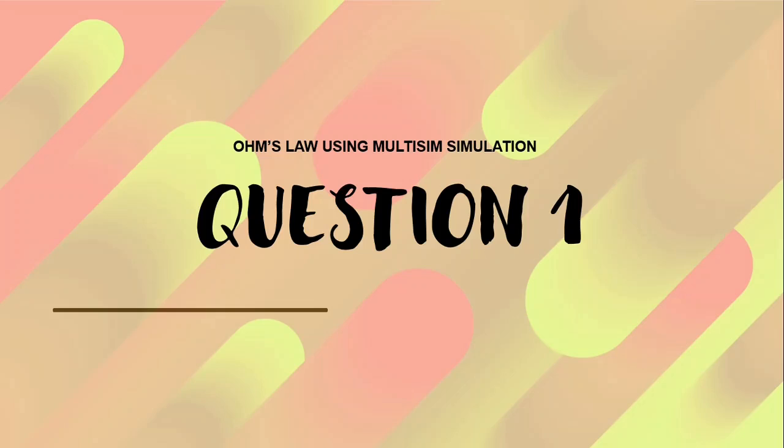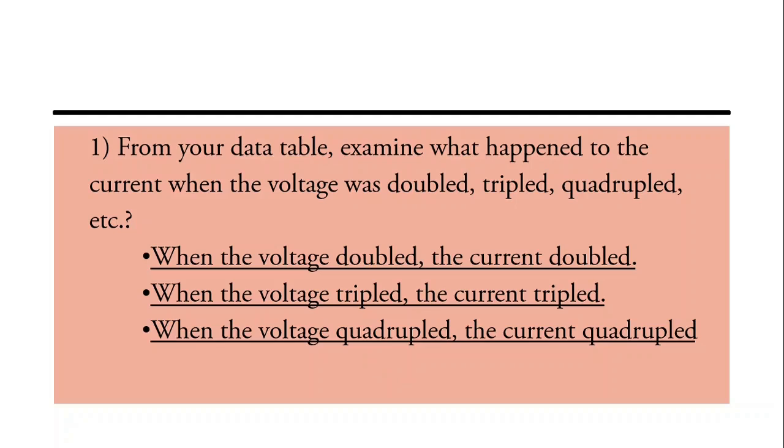Let's continue with the questions on Ohm's law using Multisim simulation. For question 1, from your data table, examine what happened to the current when the voltage was doubled, tripled and quadrupled. The answer is, when the voltage is doubled, the current also doubles. When the voltage is tripled, the current triples.